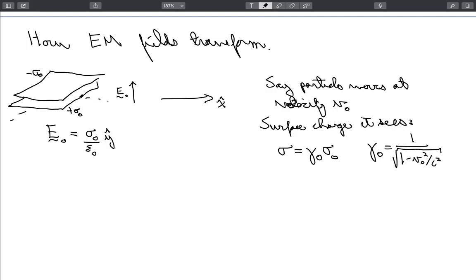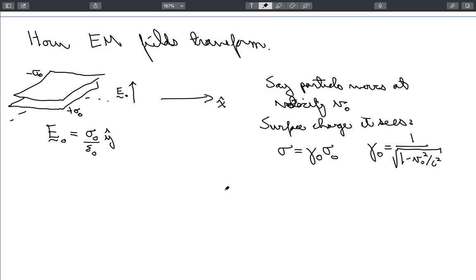Now the moving particle here, once again, because this whole thing would be completely rotationally invariant if I were to rotate, say, around the y-axis, the only field that the particle can see is along the y-axis as well, in the moving frame of the particle.